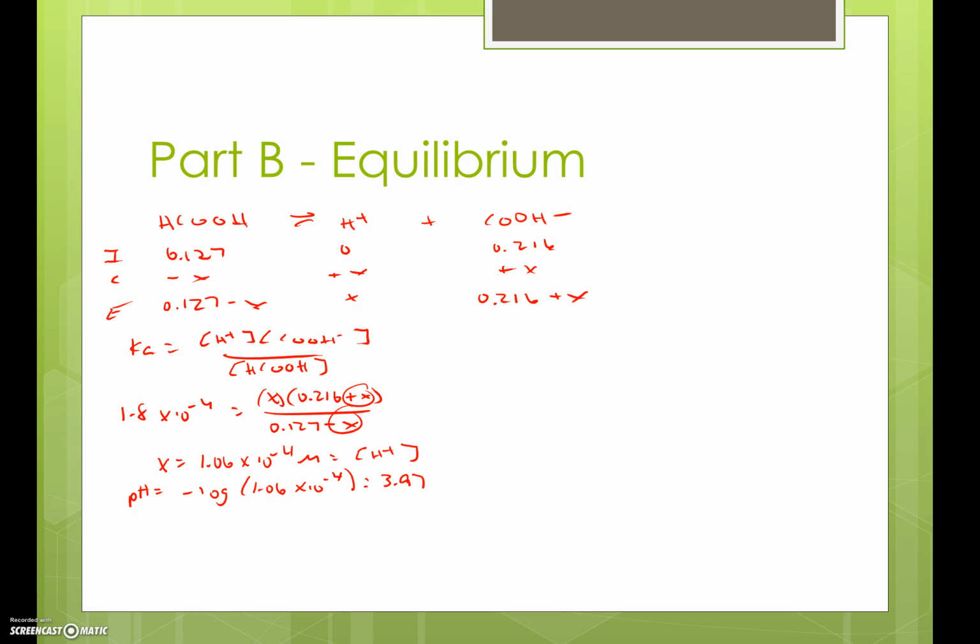We calculated that pH to be 3.35. And then we added sodium hydroxide solution to it, and we calculated the sodium hydroxide solution pH to be 13.07. So when we added that 13.07 sodium hydroxide to our buffer, look at what it did to the pH. It only went from 3.35 to 3.97.